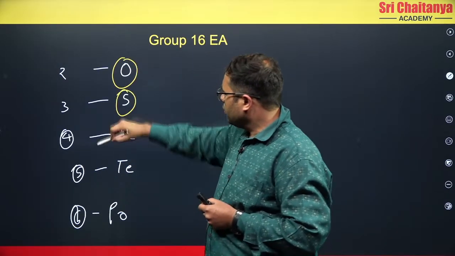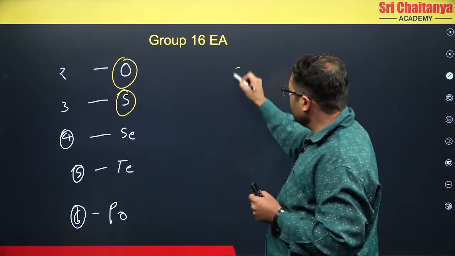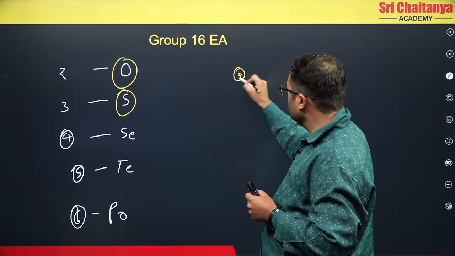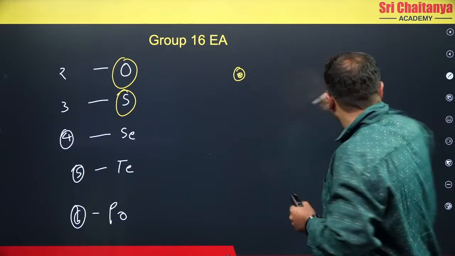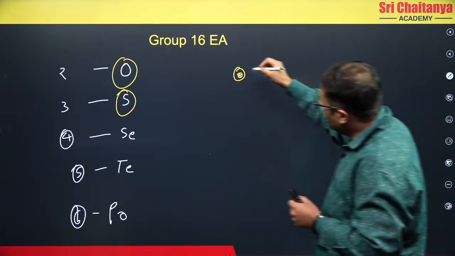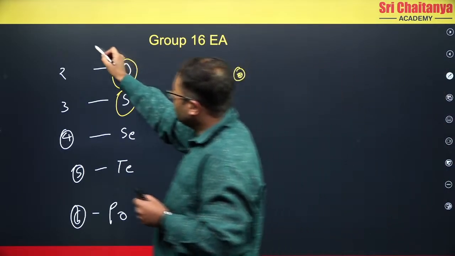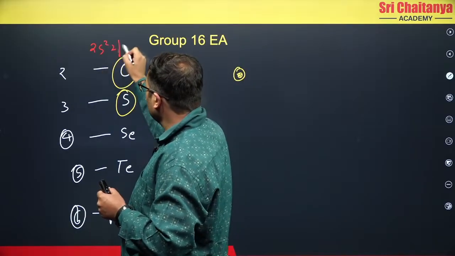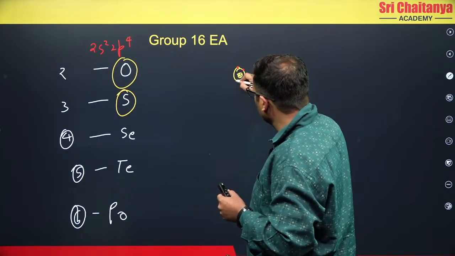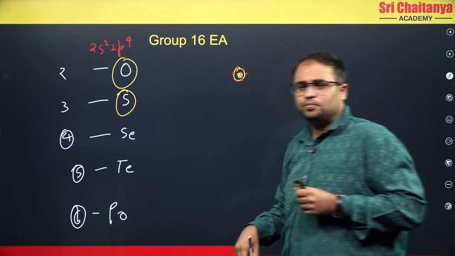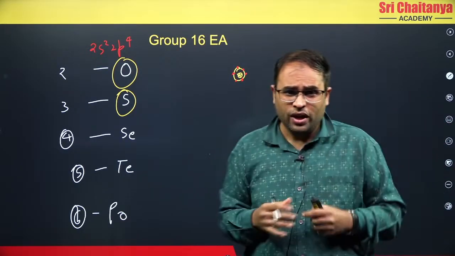Oxygen and sulfur, or the previous one, oxygen has a very small size. Suppose this is the oxygen's nucleus, right? And this is the valence shell. What is the configuration? 2s2, 2p4. Already 1, 2, 3, 4, 5, 6 electrons are here in such a small space.